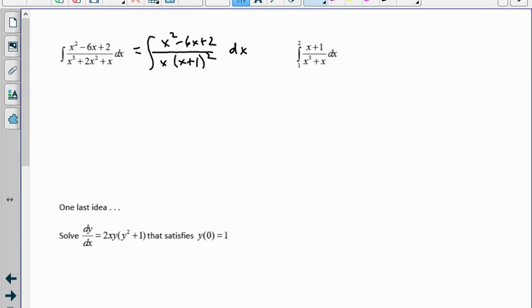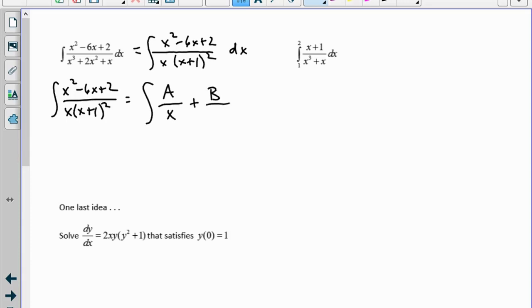So x squared minus 6x plus 2 over that is the same thing as A over x plus B over (x + 1) plus C over (x + 1) squared. And so now our objective is to take this and multiply through by the common denominator.